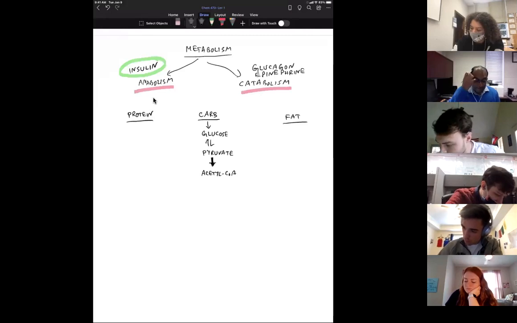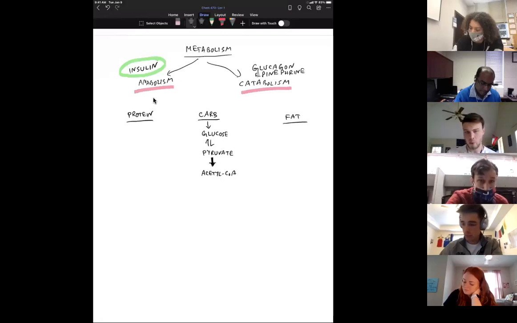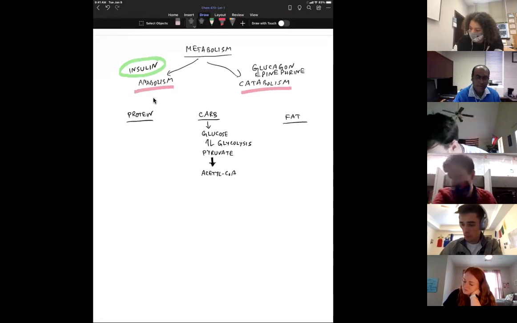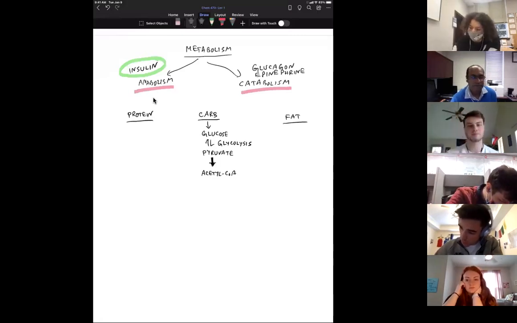So glycolysis itself is reversible. Okay, that's why this step, this is glycolysis, has a both-way arrow, meaning it is reversible. So from pyruvate you can go back to glucose.